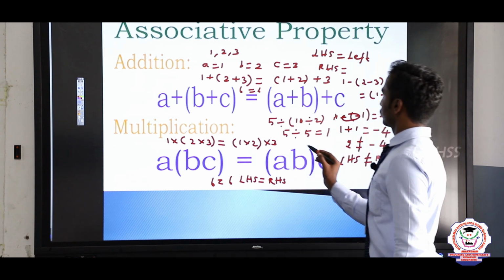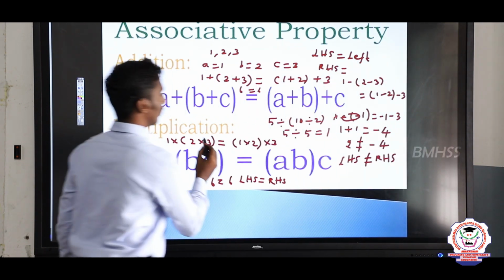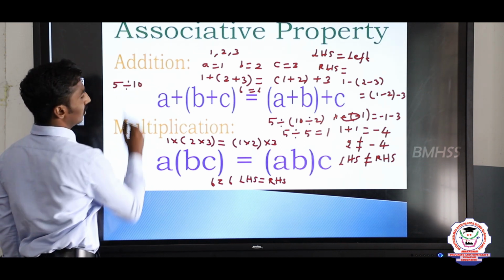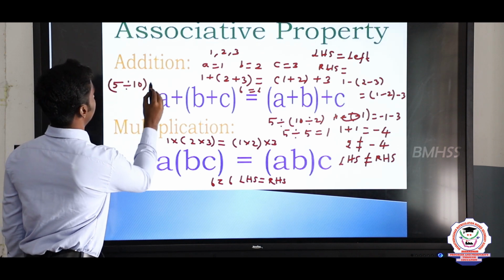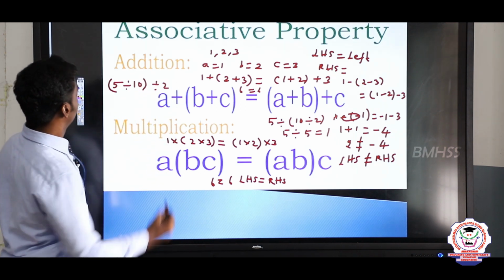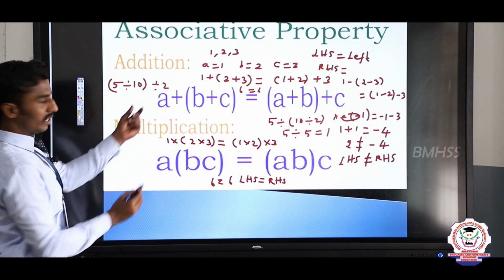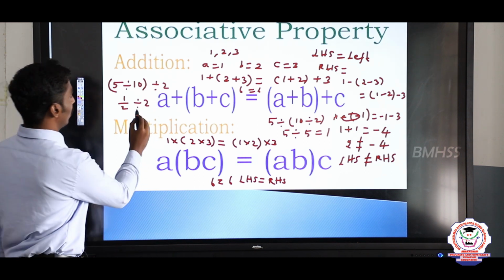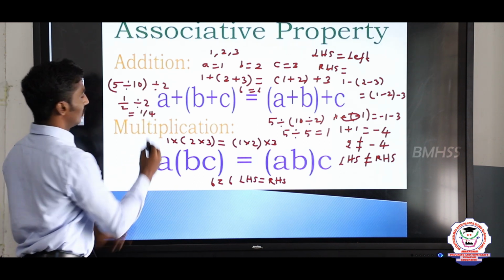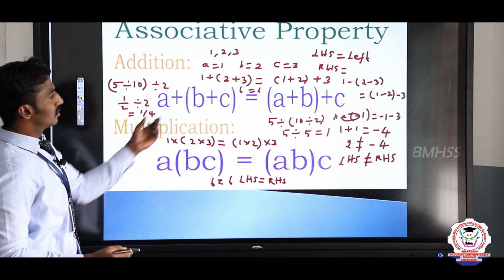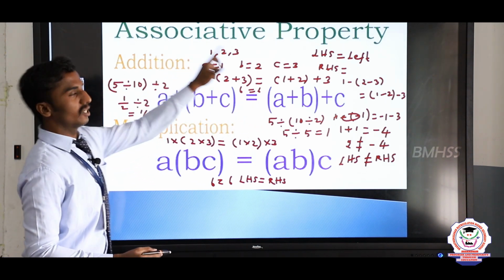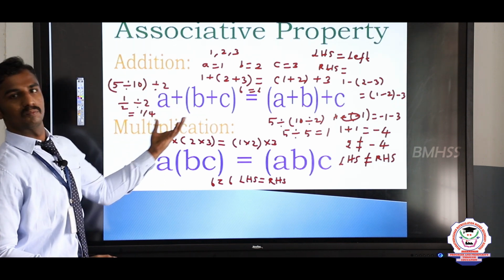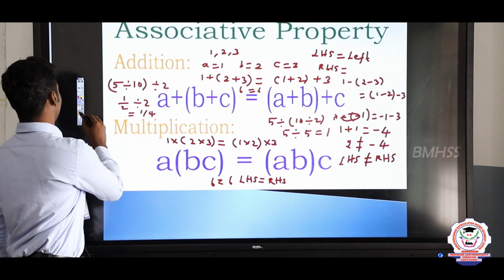Next, (5 divided by 10) divided by 2: 5 divided by 10 we get 1 by 2, divided by 2 we get 1 by 4. So LHS is not equal to RHS. So division is not satisfied. In the associative property, addition and multiplication are satisfied. Subtraction and division are not satisfied.